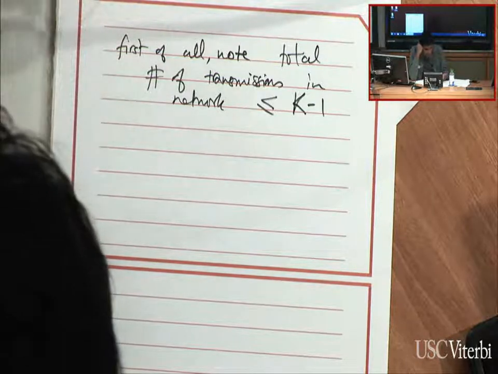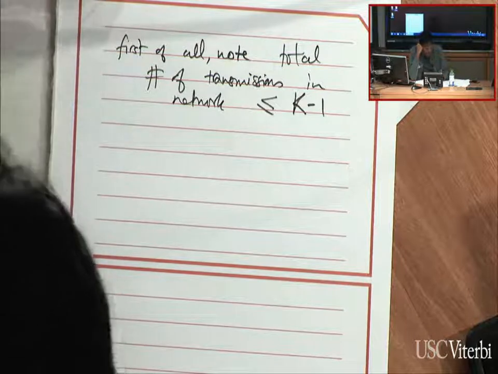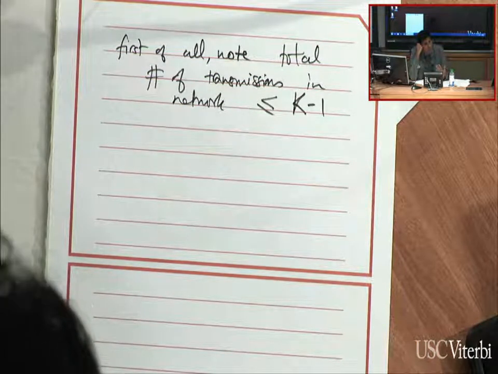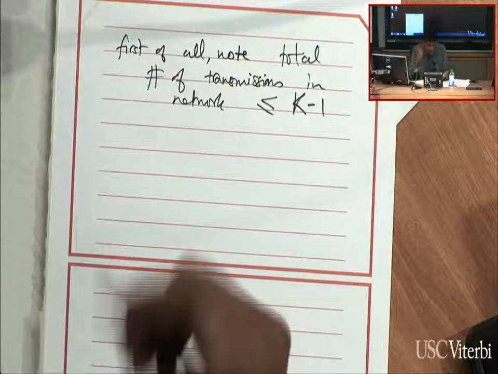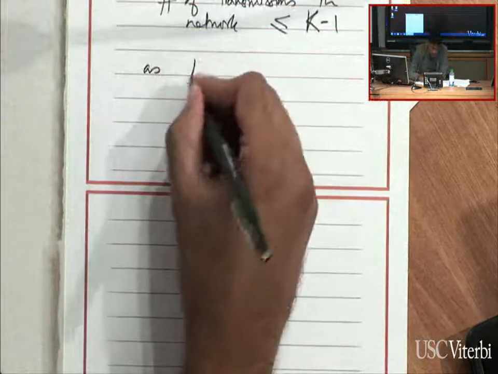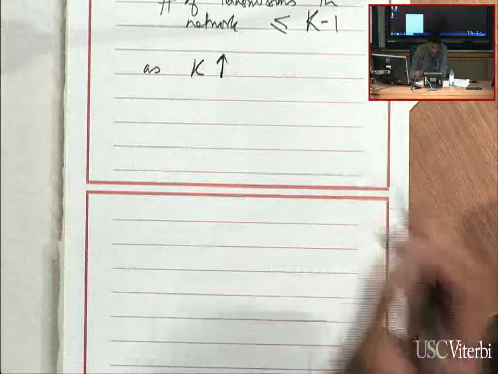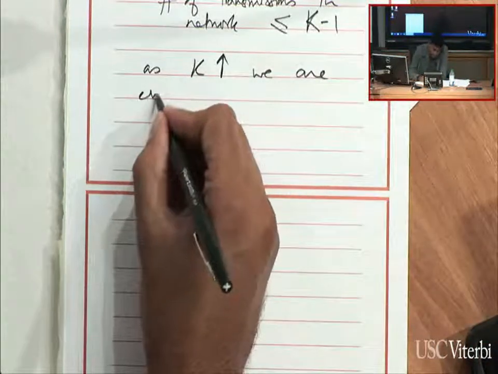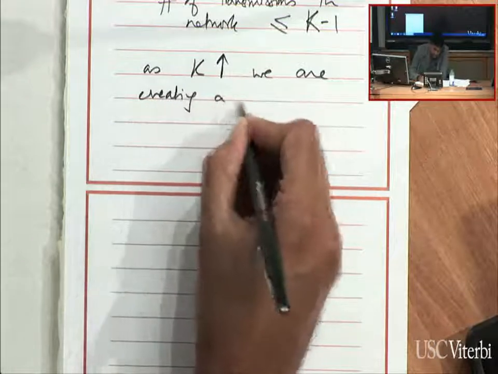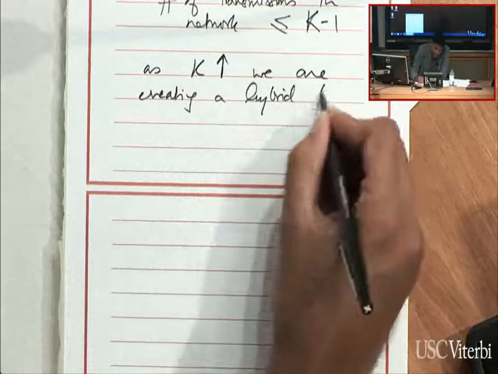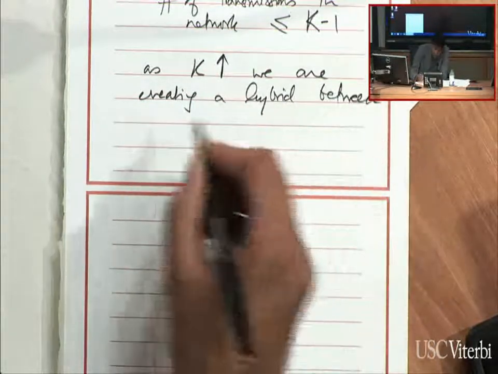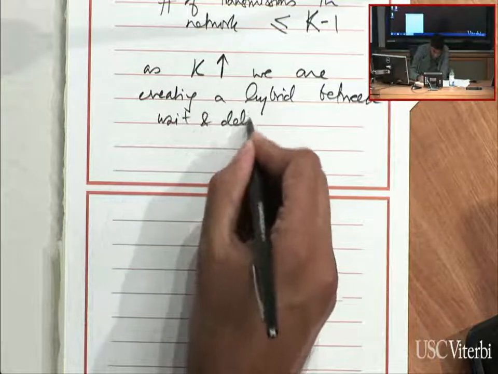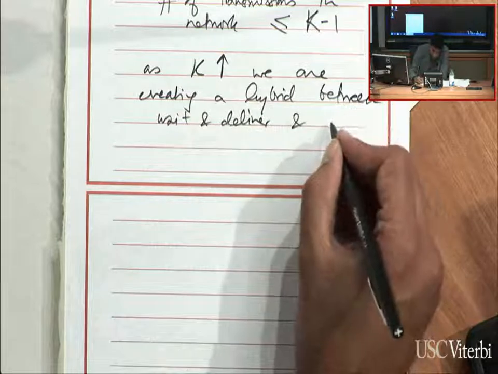On the other hand, as I create more copies, the opportunities for the destination to meet somebody with a copy should increase, right? And so as K goes up, we are creating, if you will, a hybrid between wait and deliver and flooding.